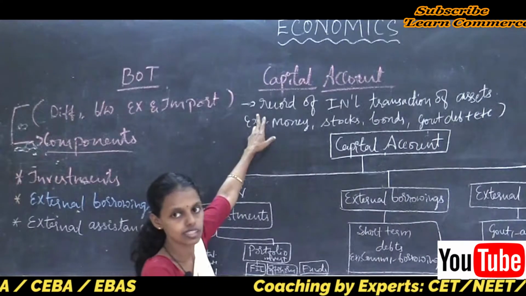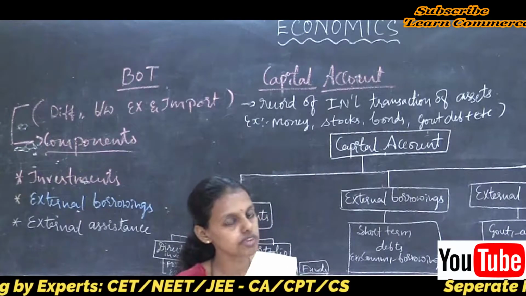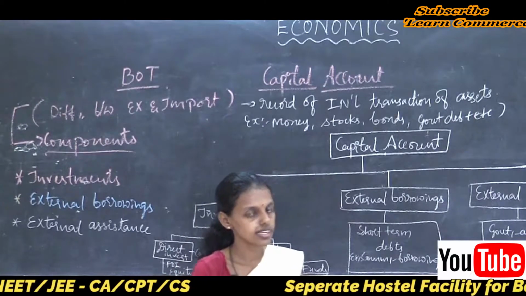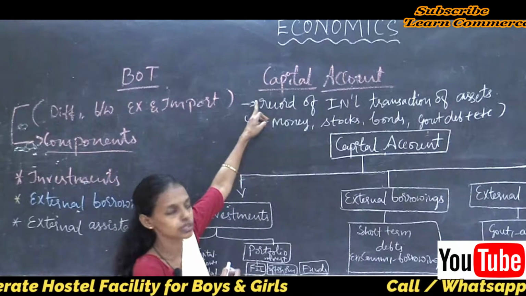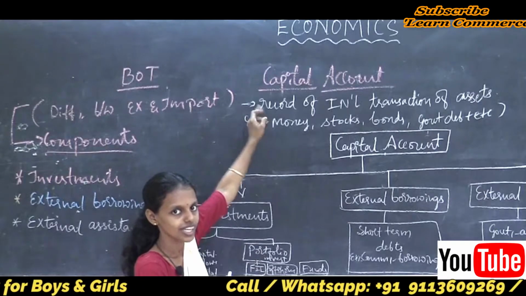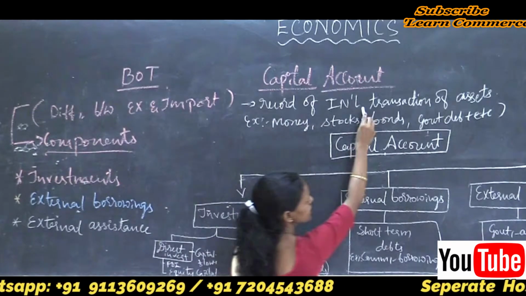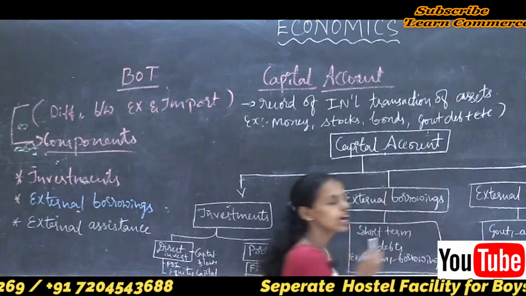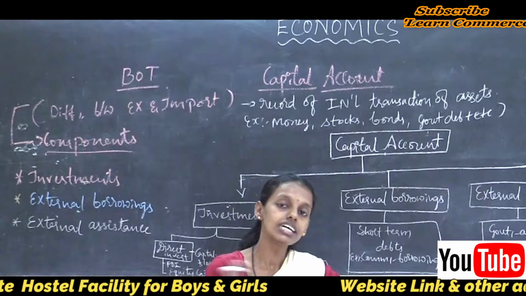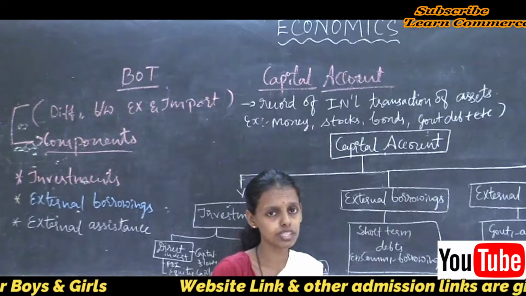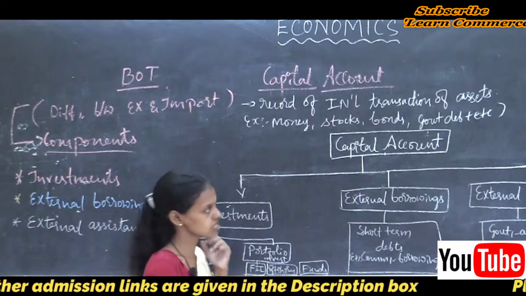Capital account is a record of international transactions of assets. The name itself says it is the account relating to capital assets. How are assets transacted between countries? They may be financial assets or physical assets.